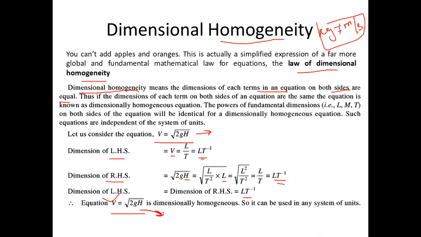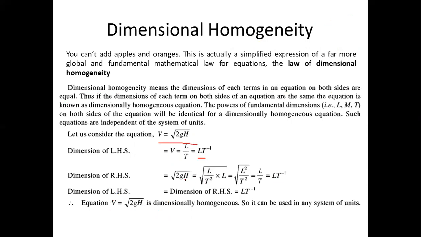I told you in the first slide that we can validate a relation using dimensional analysis. So from dimensional homogeneity, I have validated that this relation is correct, because the dimensions on both sides of the equation are the same. The fundamental dimension of height is length.